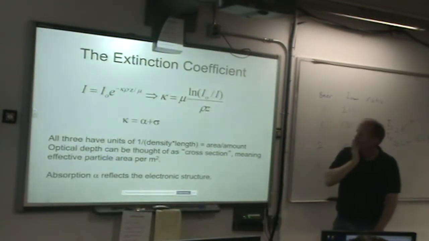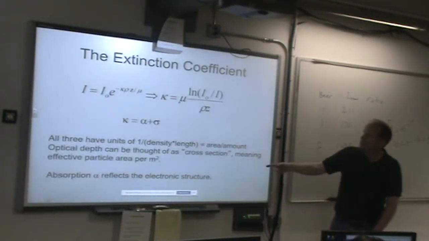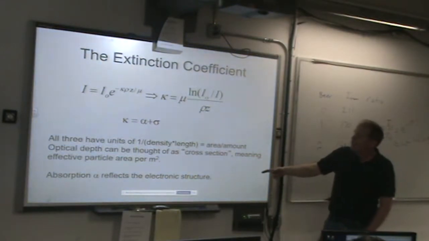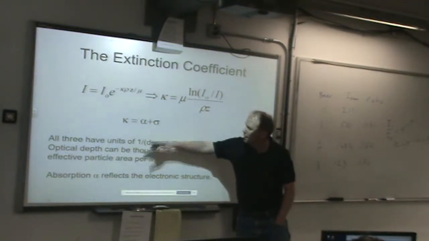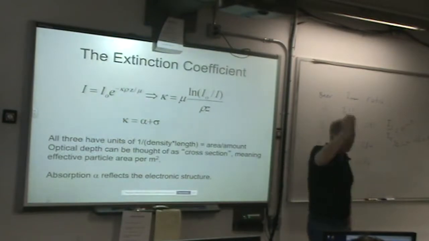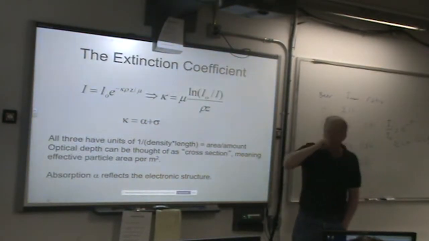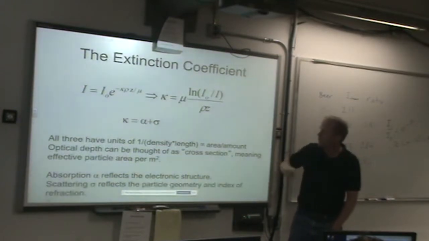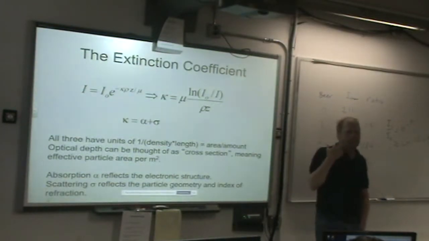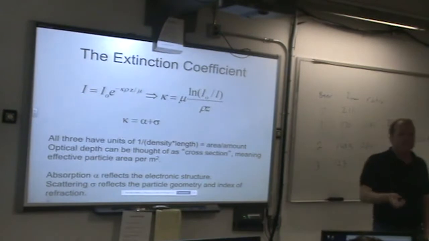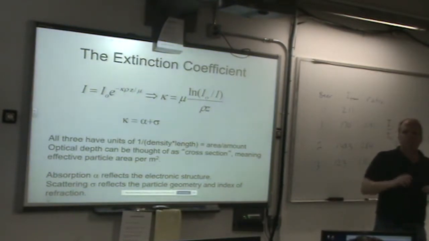In this cross-sectional area, the absorption goes as the electronic structure, where you have electrons being bumped around and light hits it and is absorbed. The scattering is going to be related to the geometry and the index of refraction, stuff like that. So they're very different things.